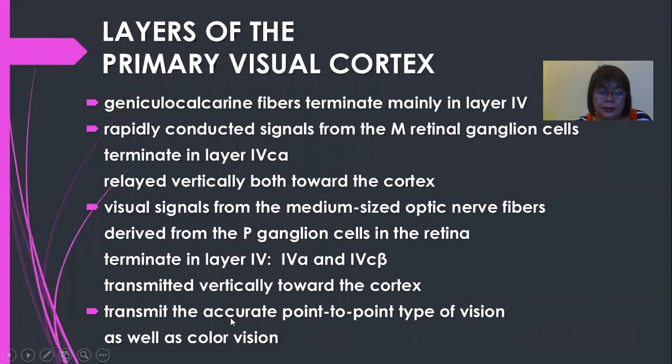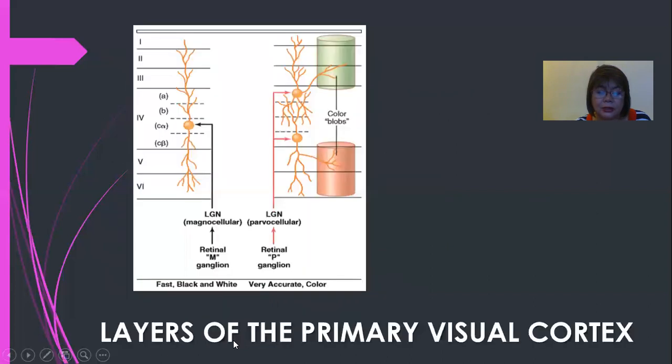They transmit point-to-point type of vision as well as color. So this is black and white, this is color. Retinal P, color; retinal M, black and white.